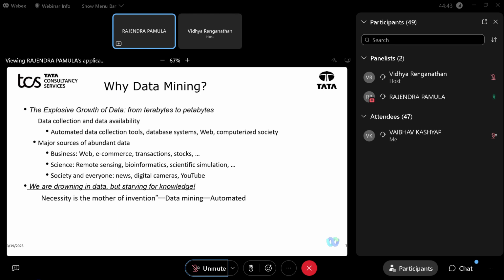That is the conclusion of why we need data mining. The conclusion made here is that we are drowning in data, but we are starving for knowledge.